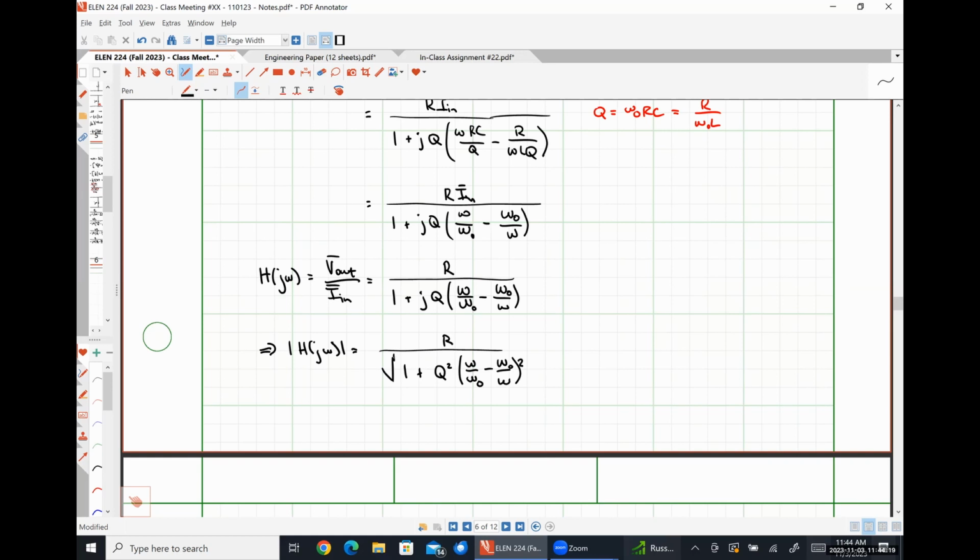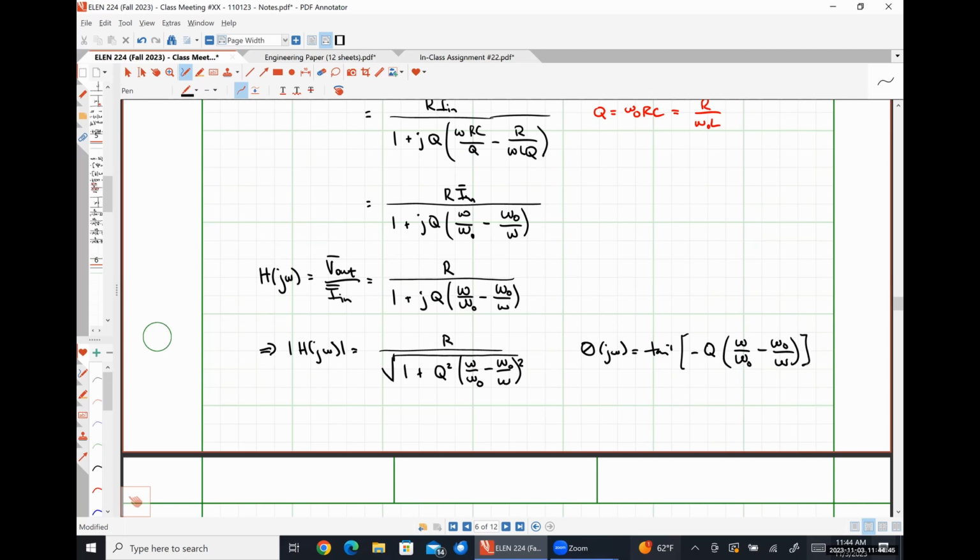And the square root goes over this whole thing. And our phase angle as a function of j omega is the inverse tangent of negative Q times omega over omega naught minus omega naught over omega.